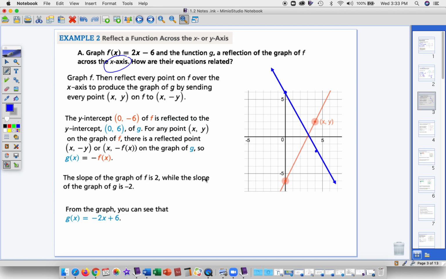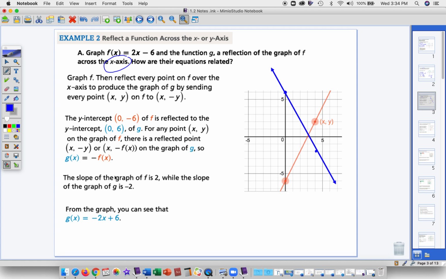The slope of g is negative 2. We're going down 2 and over 1, however you want to look at it. So the slopes are opposite, the y-intercepts are opposite, so that gives us the graph of negative 2x plus 6.